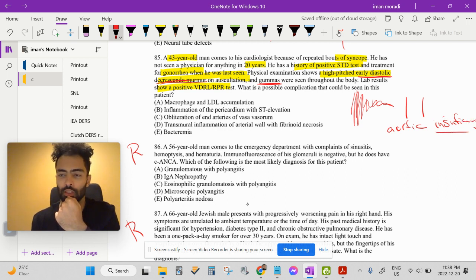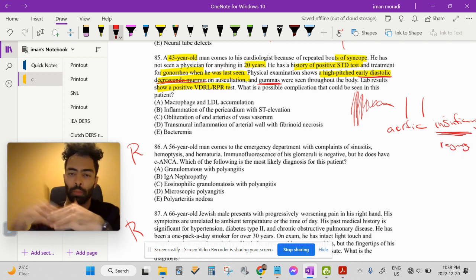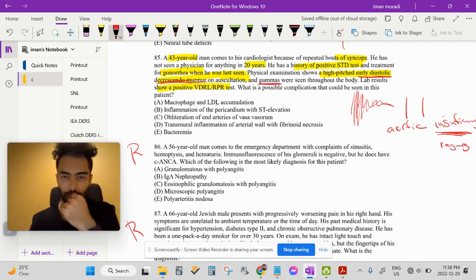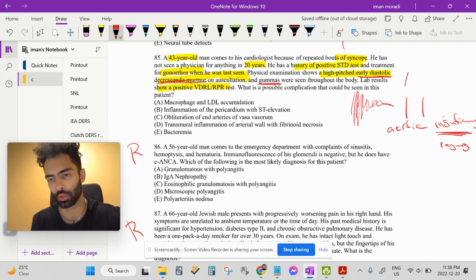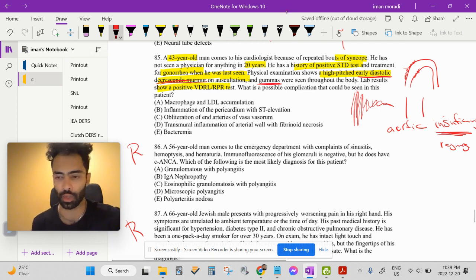Insufficiency, when you're talking about the valve, means regurgitation. It means it's not holding blood back, it's leaking back in. And it all makes sense, because syphilis destroys your aorta. It causes endarteritis and destroys the vasa vasorum, and that leads to dilation of the aorta.